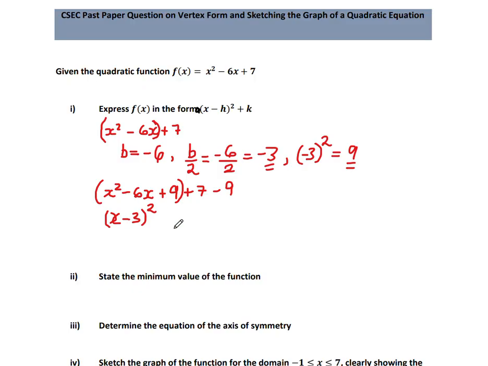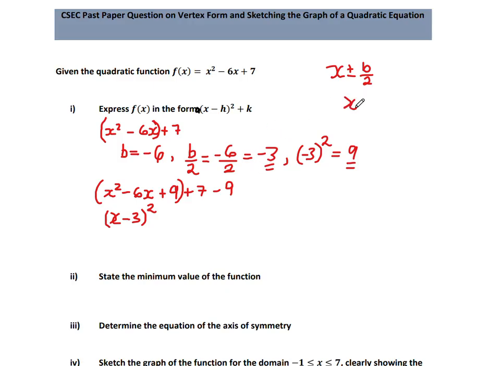The whole idea of applying the principle of completing the square is to allow us to be able to get a perfect square. And the perfect square will always be found as x plus or minus whatever you get for b over 2. In this case, we got a minus 3 for b over 2.